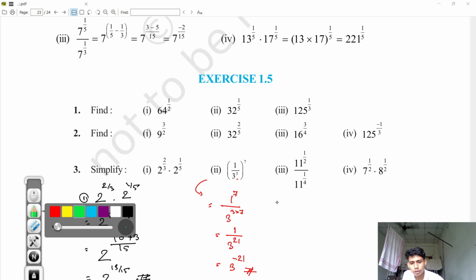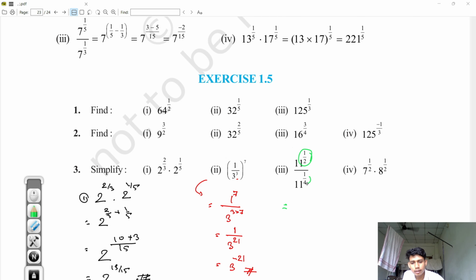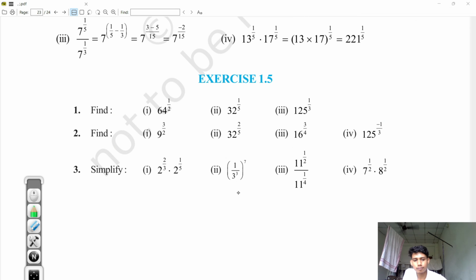Next, question number 3, it says 11 to the power 1/2 divided by 11 to the power 1/4. Again, we know the formula a to the power m divided by a to the power n will always give a to the power m minus n. अब यहाँ पे भी हम वही टेक्निक यूज करेंगे, which will give us 11 to the power 1 by 2 minus 1 by 4.